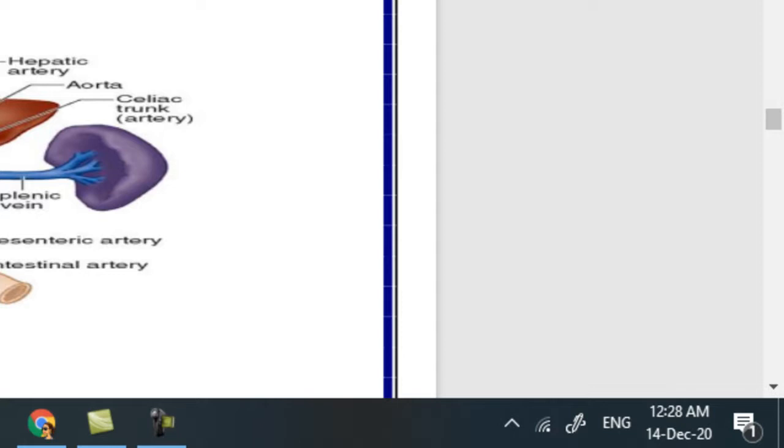Inside the small intestine we have villi, and these villi will collect all the broken down food particles and aggregate into larger veins, finally pouring their content into the hepatic portal vein. Also the hepatic portal vein, which enters the liver, has branches coming from the spleen, pancreas, and the stomach, not the small intestine only.